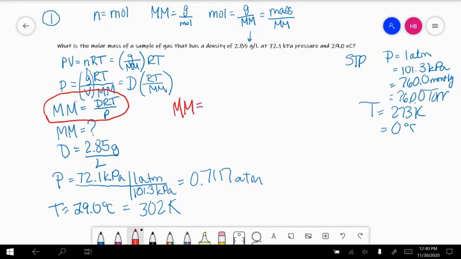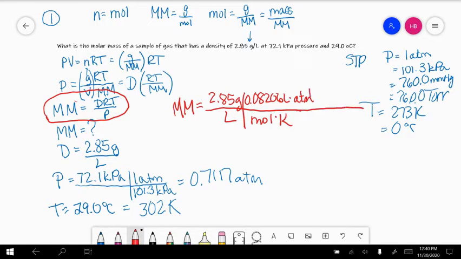Molar mass is equal to density times ideal gas law constant 0.08206 liters atmospheres per moles K. Temperature 302 K. On the bottom, we put the pressure, which is 0.7117 atmospheres.